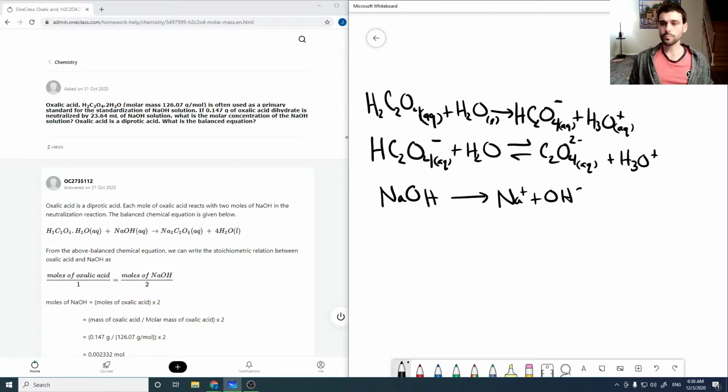And now, if we go through and sum up, we're producing 2 moles of H3O plus and only 1 mole of OH minus, so that's not going to neutralize. So we would want 2 times this, or 2 NaOH goes to 2 Na plus 2 OH minus.